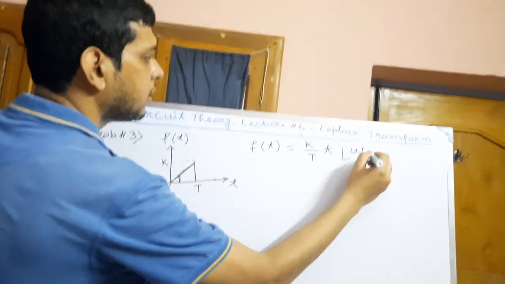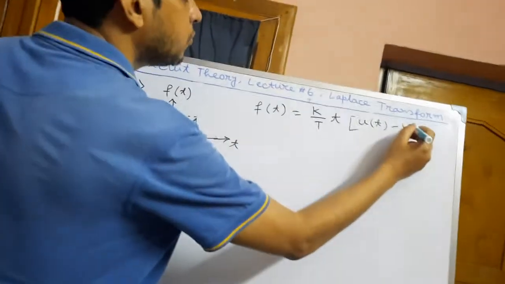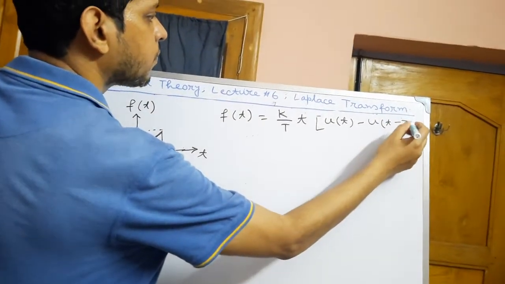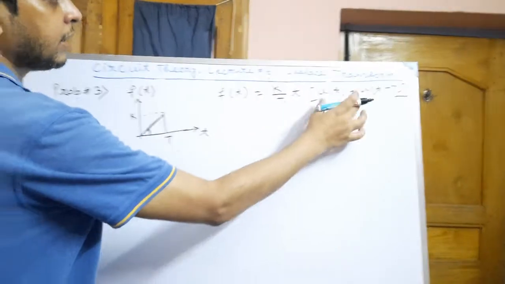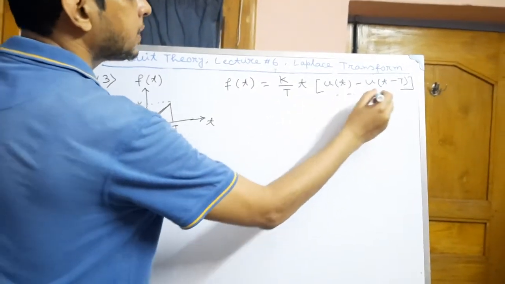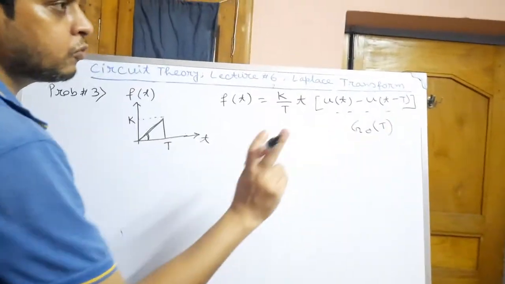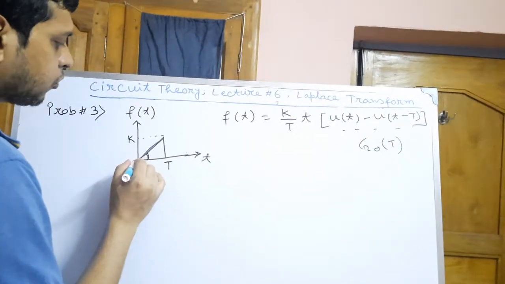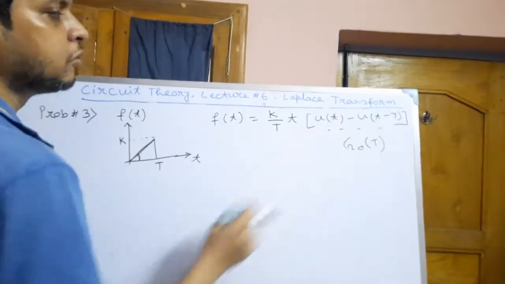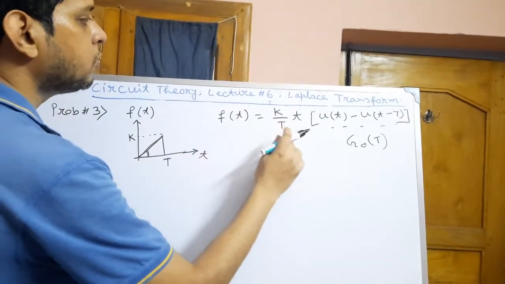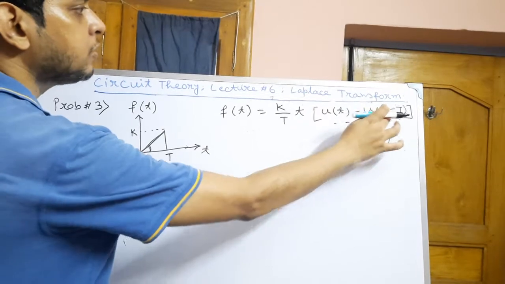But as this is a bounded function, we have to multiply this function by the gate function g0T, and g0T equal to 1 only in this interval 0 to T. Otherwise this term is 0. Okay. So f(t) equal to k by T into t into (u(t) minus u(t minus T)).